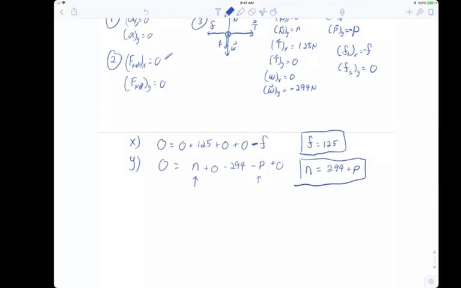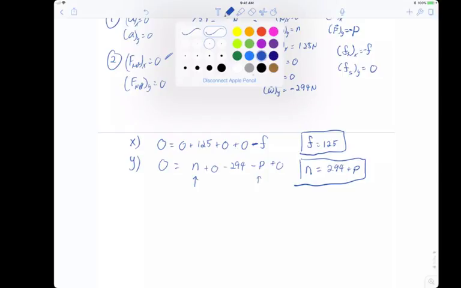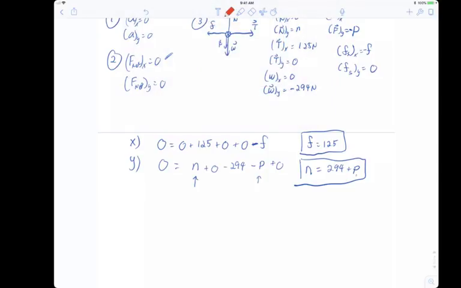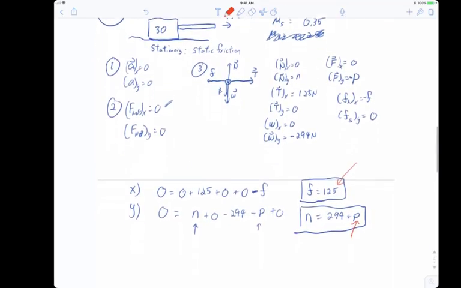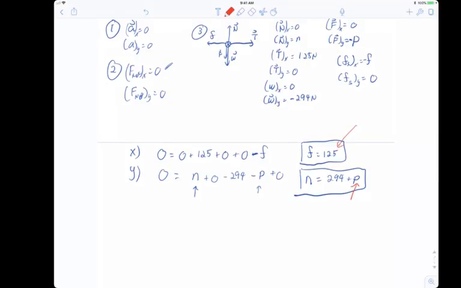The question is asking, what is the minimum amount of force where this friction can hold it in place? Well, the minimum amount of force is, hold on, which question is this? 30. The minimum amount of force, P, so P determines the normal force, but we'd be talking about it if this were the maximum static friction.